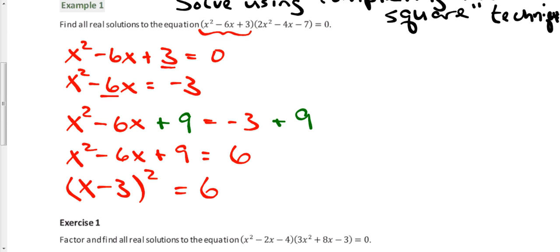Now, how does this help me in solving for x? What can I do at this point?